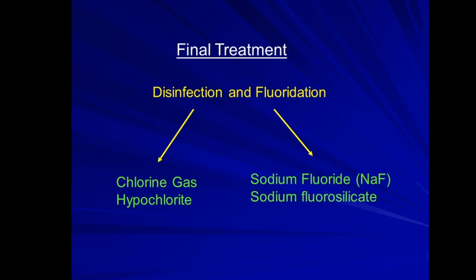These chemicals are used for killing bacteria and organisms, and that is called disinfection. And fluoridation is one of the methods used to remove the excessive fluoride content present in the water. Okay, so that process is called fluoridation. Okay, so sodium fluoride NaF or sodium fluorosilicate.